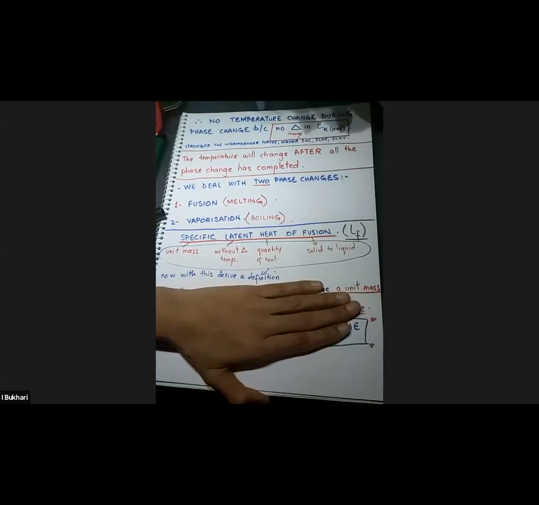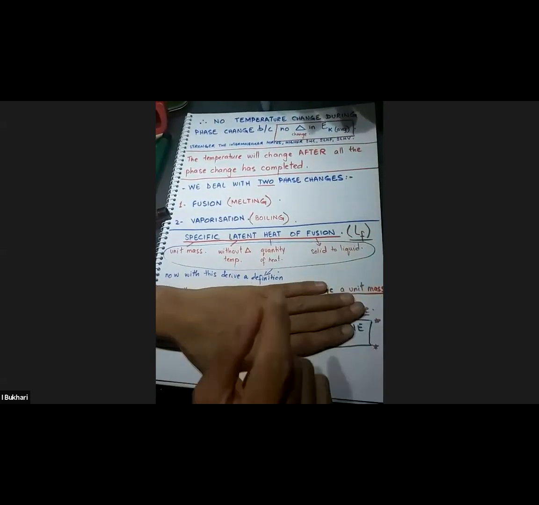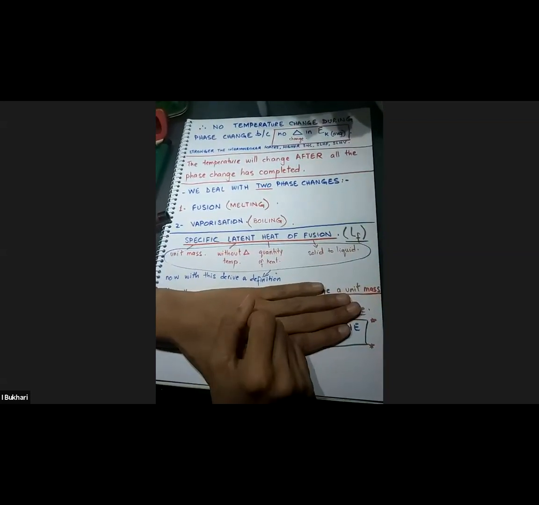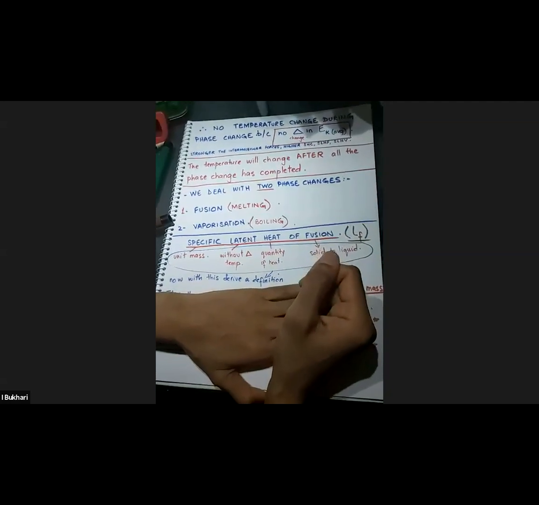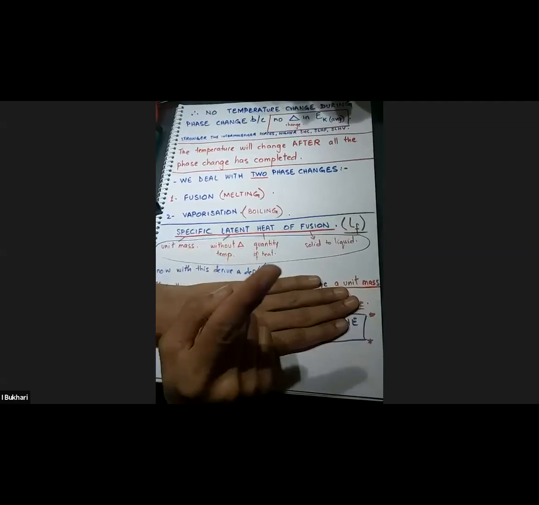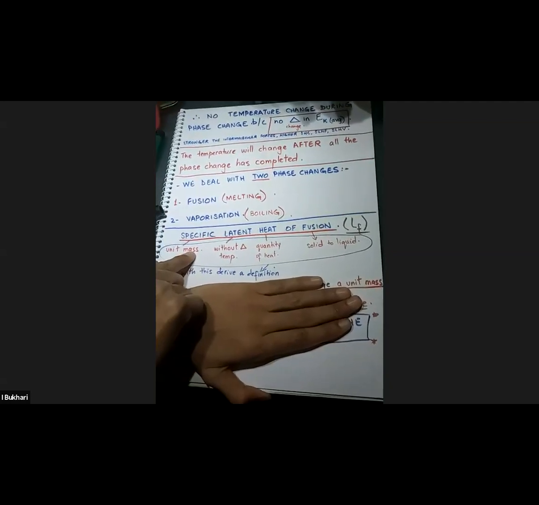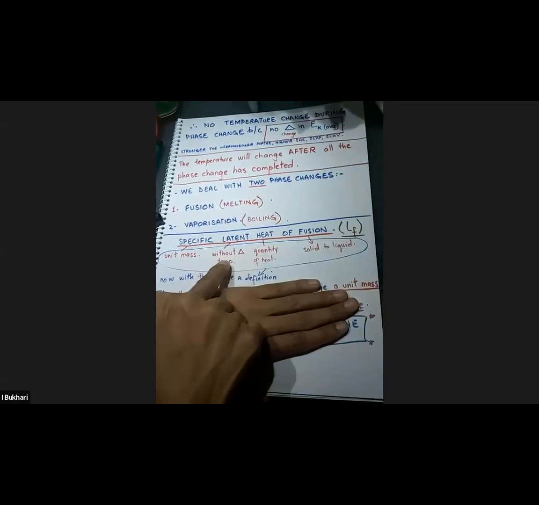Can I say that? Right? Can you come up with this definition on your own without memorizing? That specific latent heat of fusion is the amount of energy which is required to change a unit mass from solid to liquid without change in temperature.